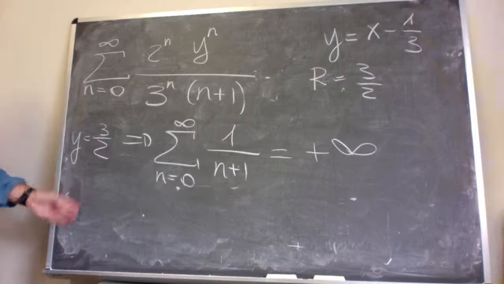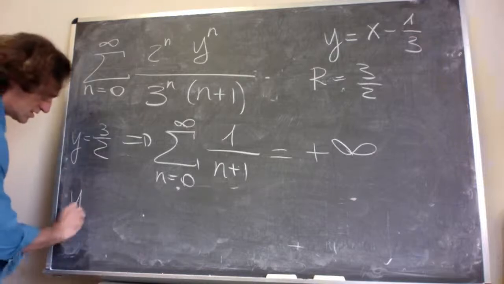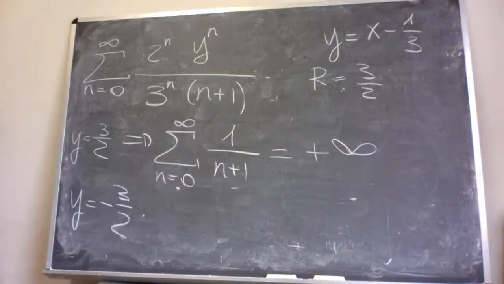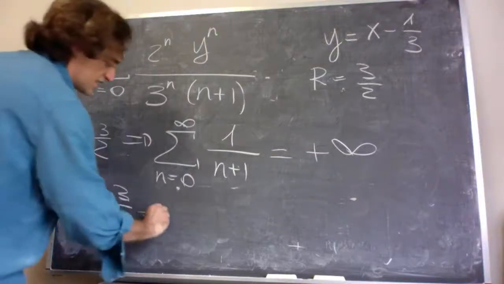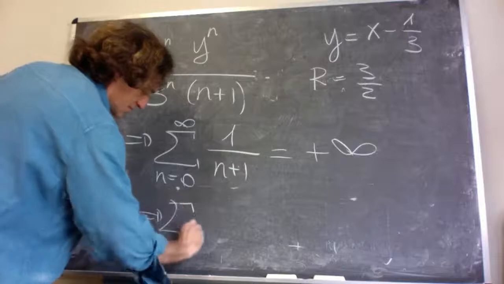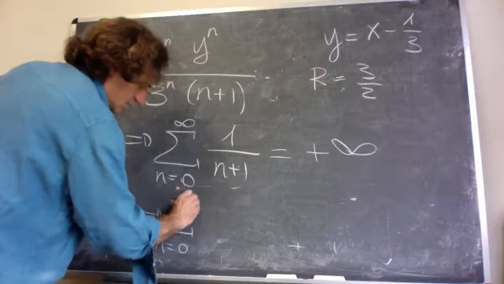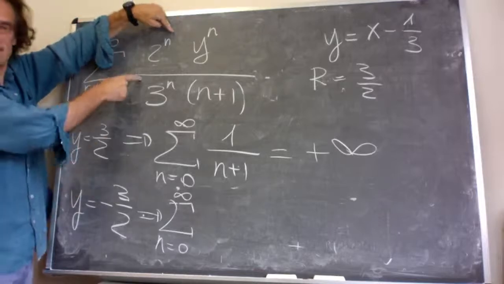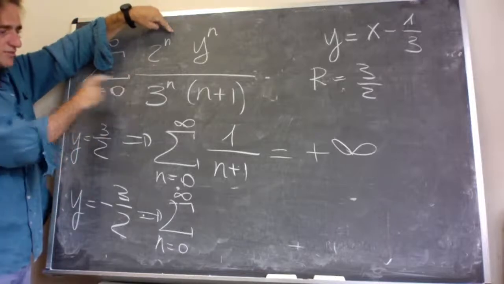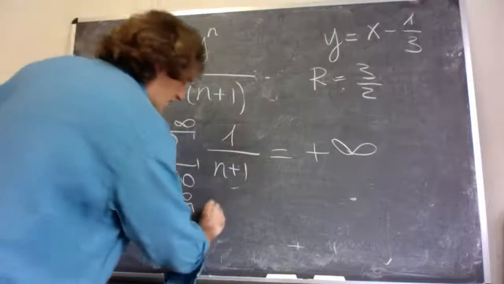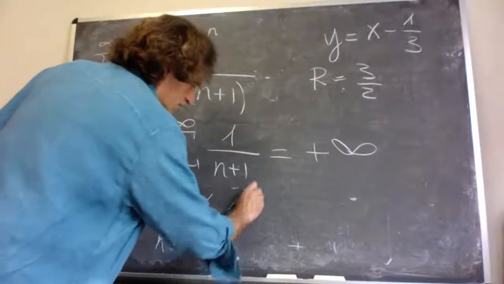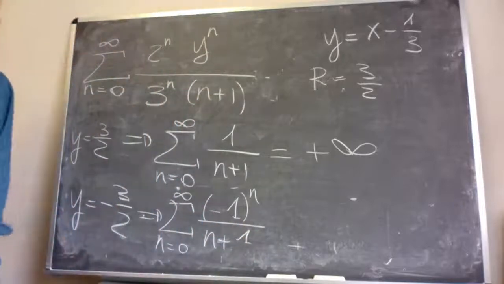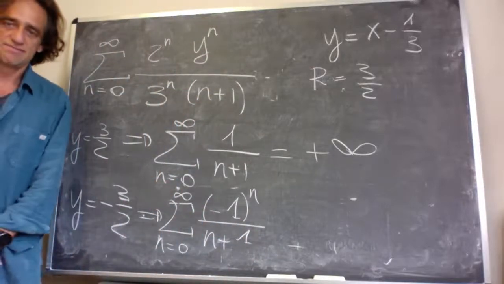On the other hand, if y is equal to minus 3 over 2, the series becomes, as before, 3 over 2 to the n cancels this 2/3 to the nth power, so we end up with minus 1 to the n divided by n plus 1, and this converges by Leibniz.